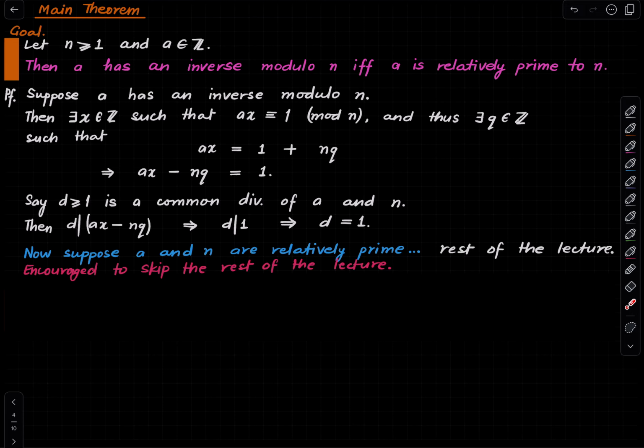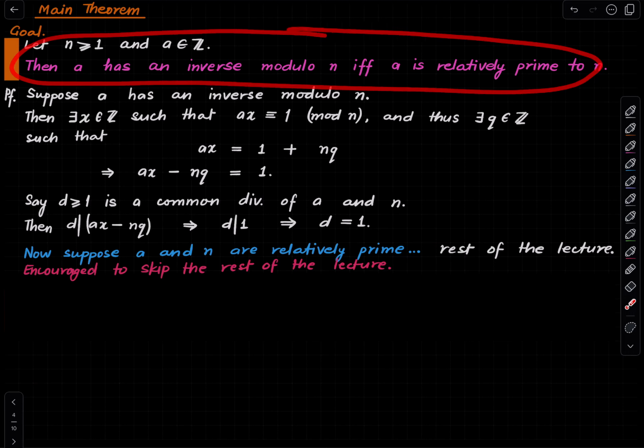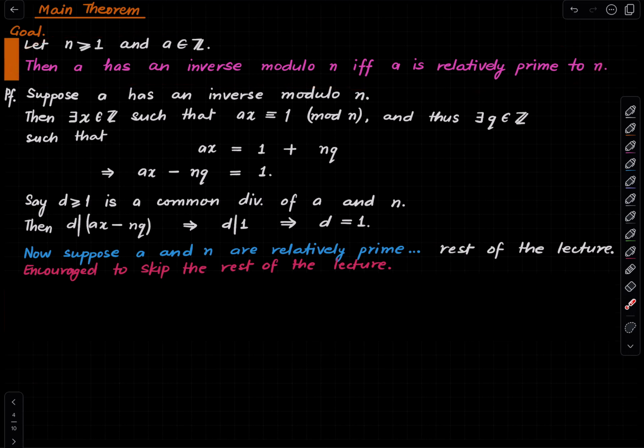Another reason why I'm asking you to skip is that we will give a different proof of this statement. We will give a very simple short proof of this statement later, maybe in the next few lectures, in the next module somewhere. Now you may ask, why am I, in that case, giving a complicated proof?